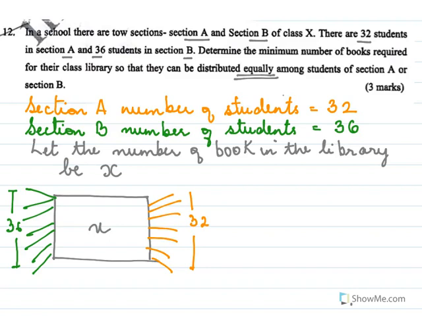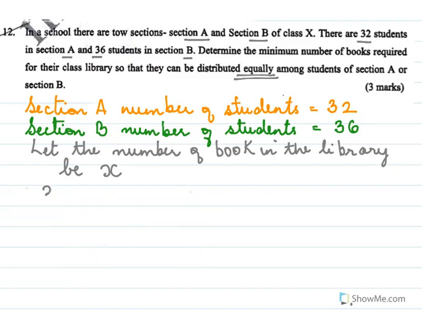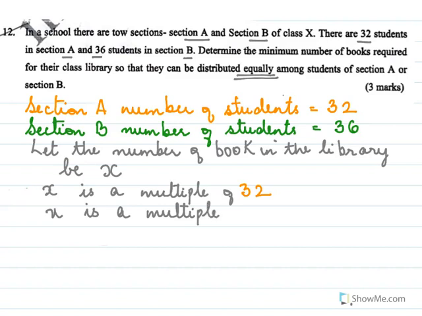So the number X should definitely be more than 32 and more than 36, because if it is less, how will all the students get the books? So here X is a multiple of 32 and X is also a multiple of 36. So we write that X is a multiple of 32 and X is also a multiple of 36.